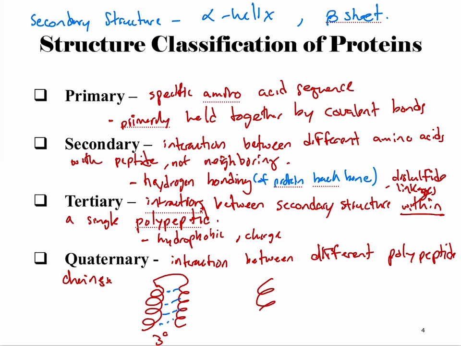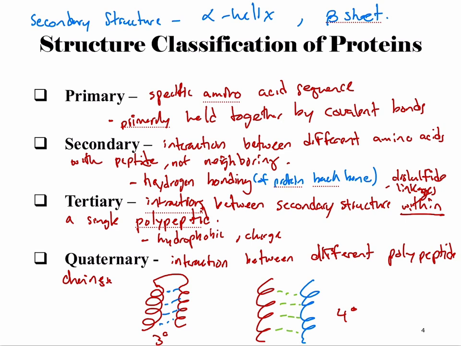And this could be an example of quaternary structure because each color here represents a different chain. This would be quaternary structure, just because we have two different chains, even though the nature of these interactions is exactly the same.